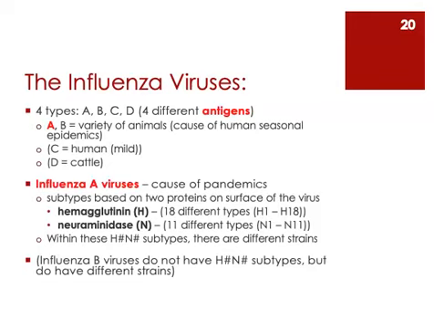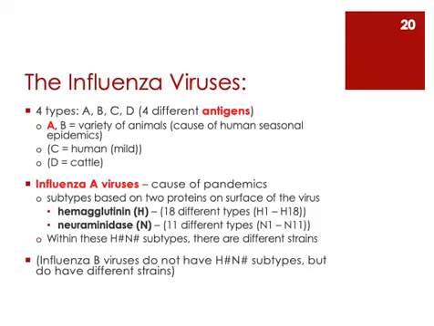If you're not familiar with that word, an antigen is simply a molecule that is capable of eliciting an immune response. So there are 4 different antigens in the 4 different types of influenza viruses.